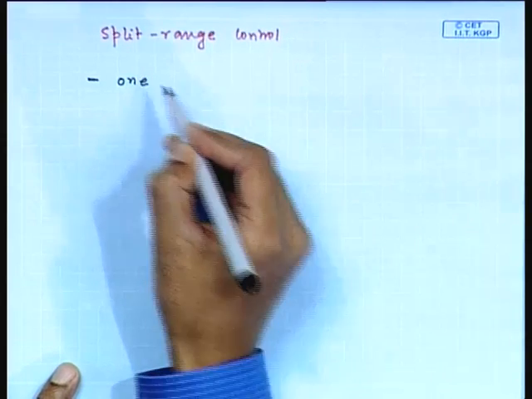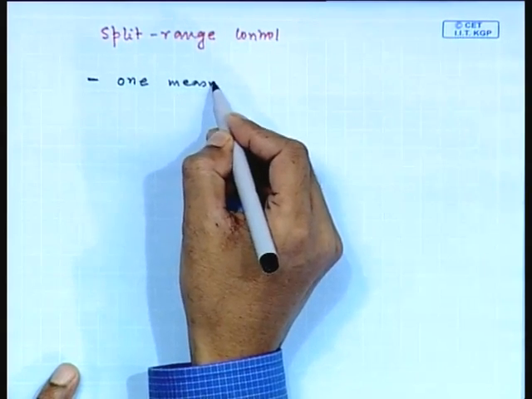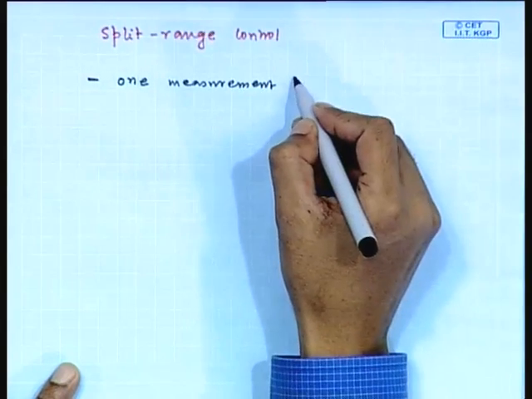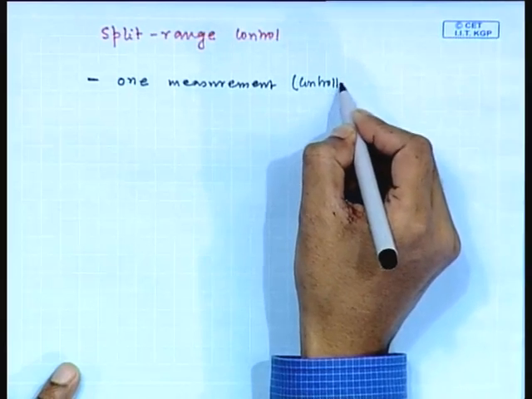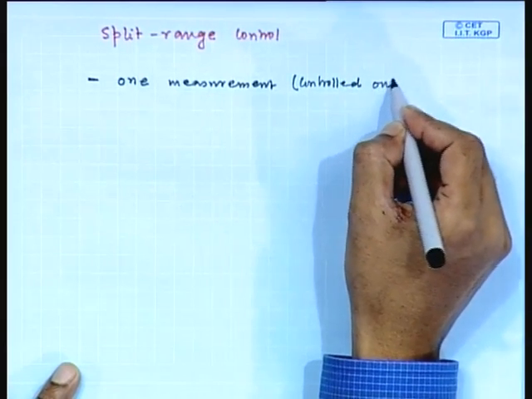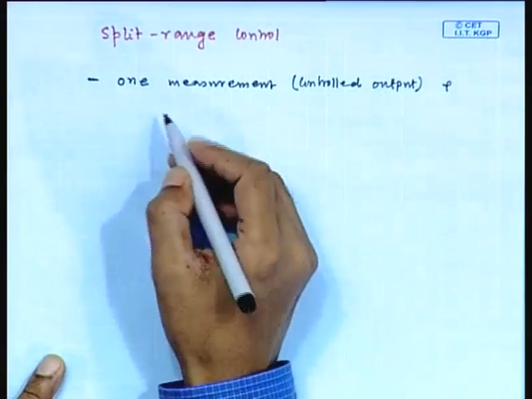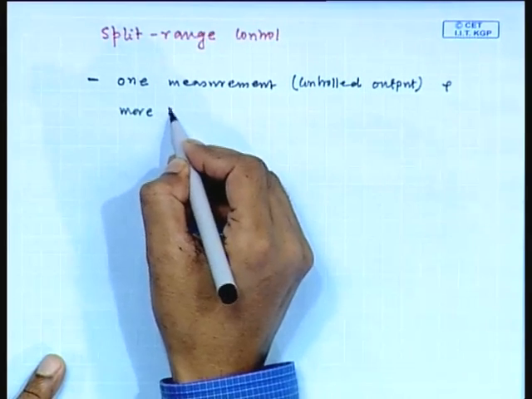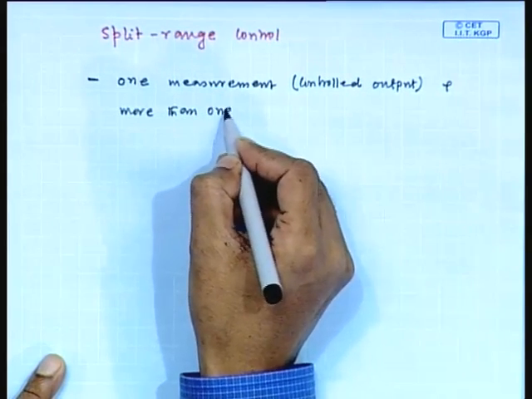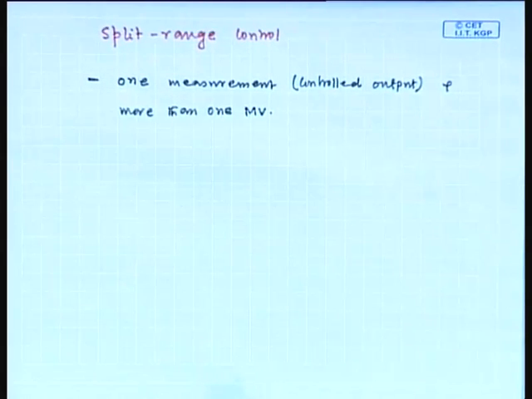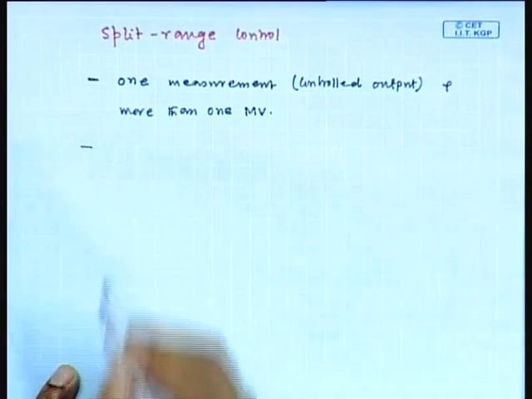For split range control, one measurement, which is basically the controlled output, or you can say controlled variable, and more than one manipulated variable are involved. Fine.